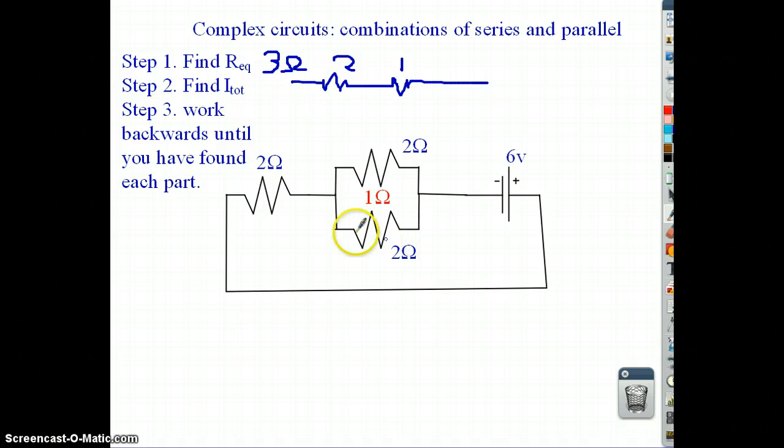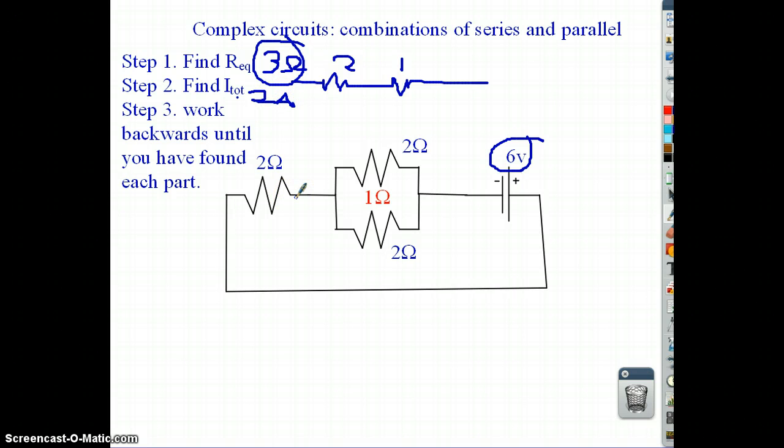Now we need to work backwards and do things like find the total current. Well, total current, I equals V over R. So total current is going to equal 6 volts over 3 ohms. 6 over 3 is 2. So the total current is 2 amps.